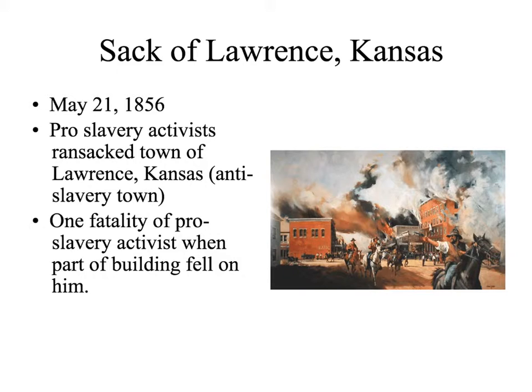And this is going to result in actual physical confrontation between the pro-slavery and anti-slavery forces. It comes to a culmination on May 21st, 1856, when pro-slavery activists ransacked the anti-slavery town of Lawrence, Kansas.